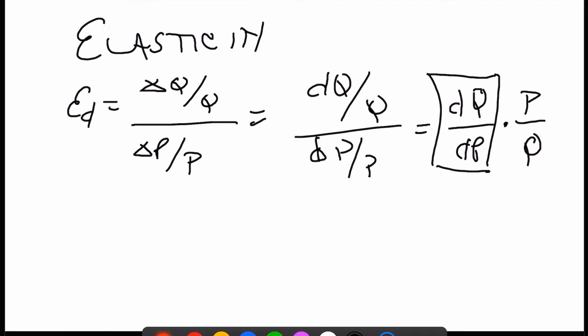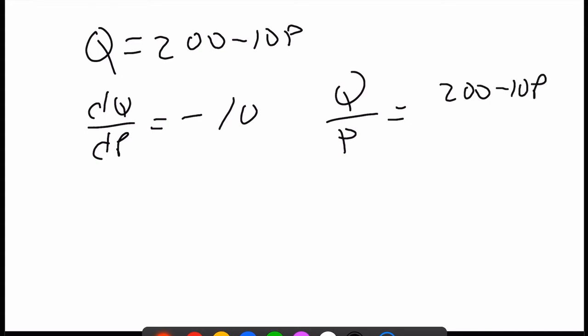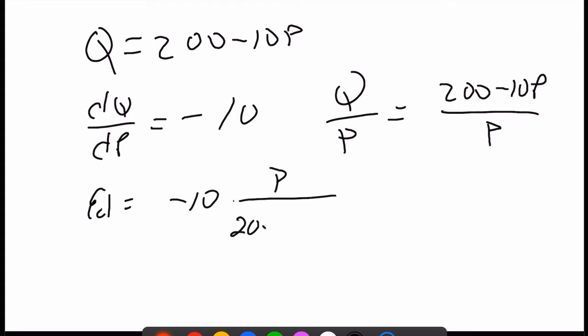Okay? You're like, really, I didn't want to do stuff with this. Well, if that's my demand curve, dQ/dP equals minus 10, and Q over P equals (200 minus 10P) divided by P. So we get elasticity equals minus 10 times P over (200 minus 10P).